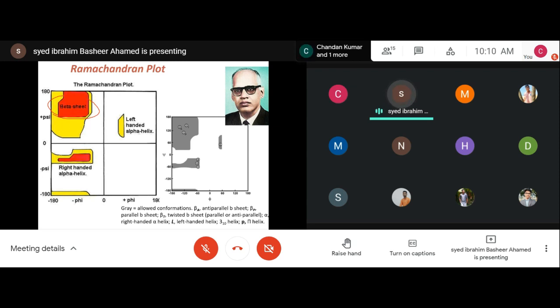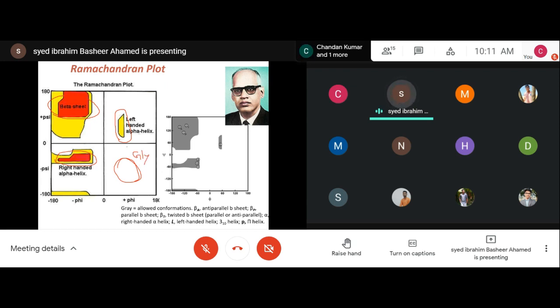The right-handed alpha helix will be found only in this phi-psi region, the red shaded one. The yellow is the extended region. The left-handed alpha helix you can find in the second quadrant, and you will not see any phi-psi combination in the fourth quadrant except glycine.